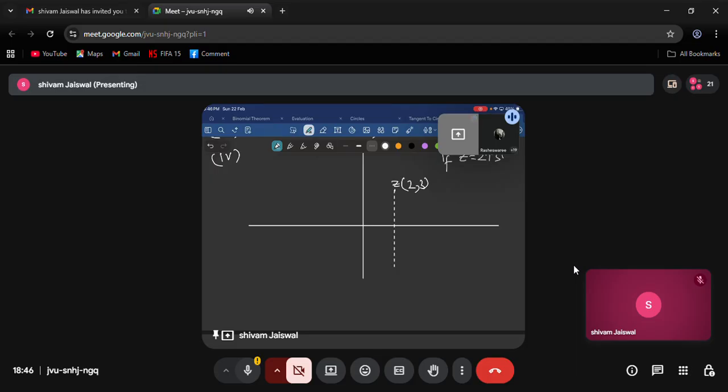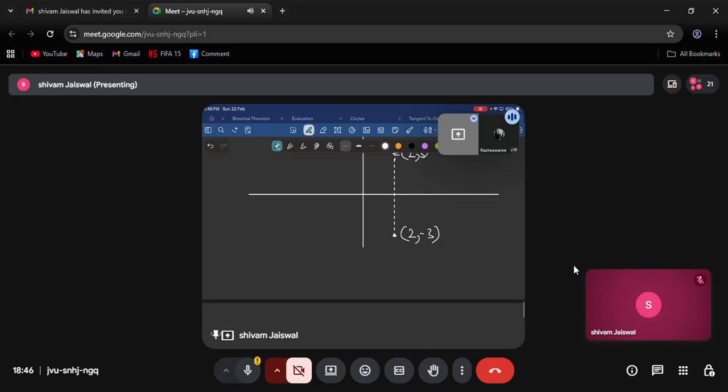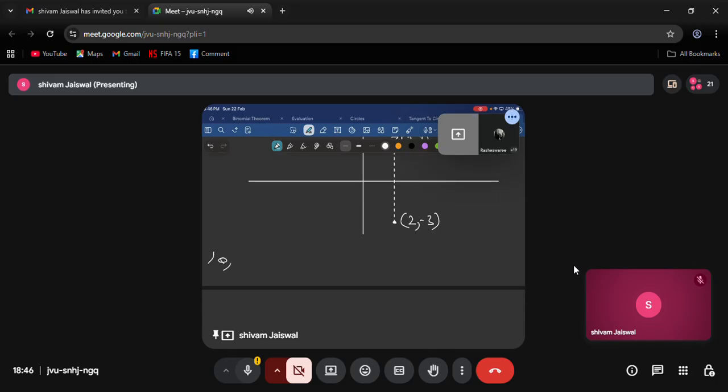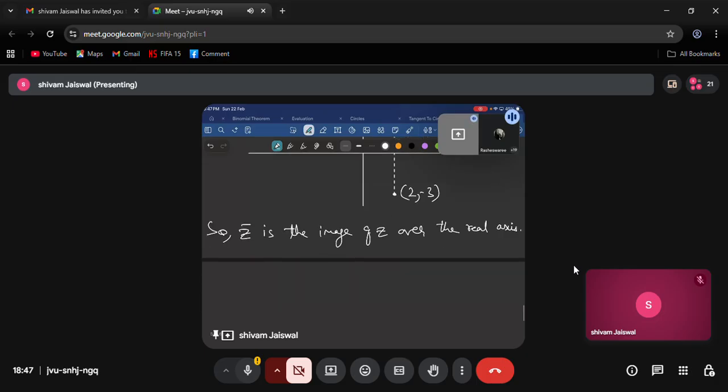So this is where z bar lies, 2 comma minus 3. Remember, we can say z bar is the mirror image of z over the x-axis, over the real axis.